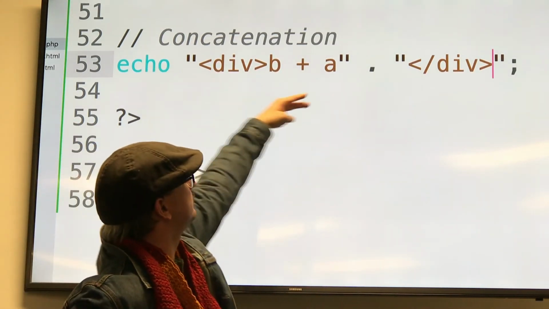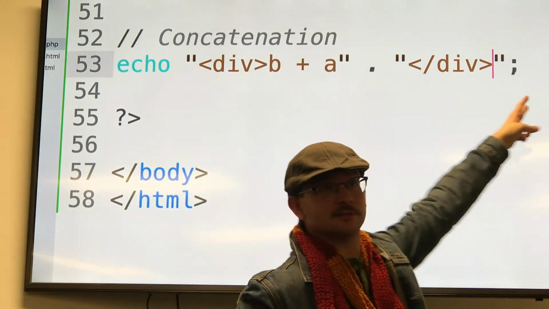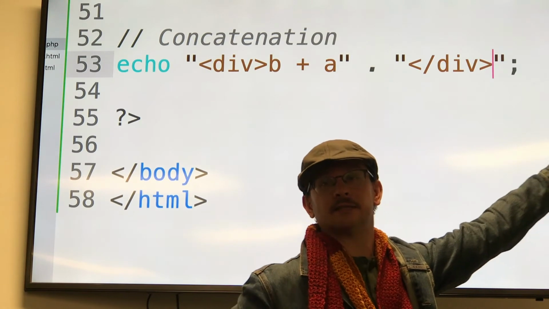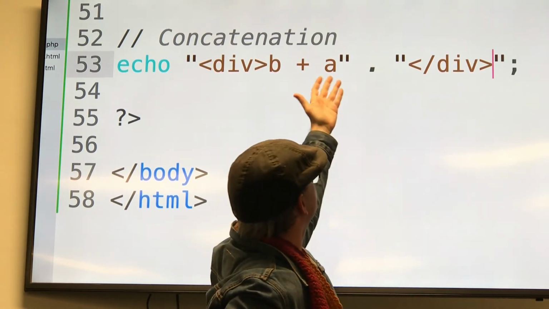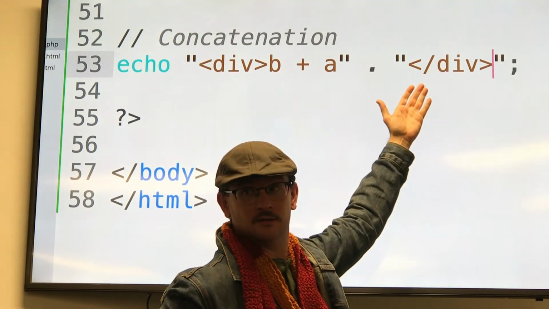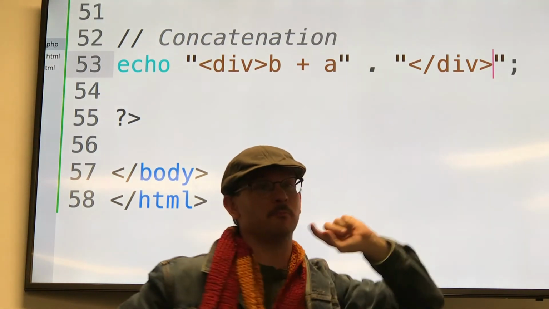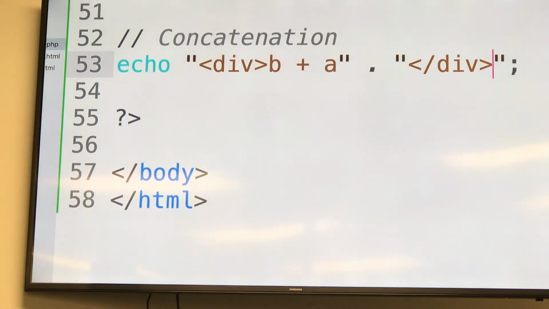This is literally a string, and this is literally a string. And at the moment, it doesn't make a whole lot of sense, but we're going to concatenate them together by using the period operator. What you need to know is that in JavaScript, the plus symbol was the concatenator. But in PHP, the period is the concatenator.